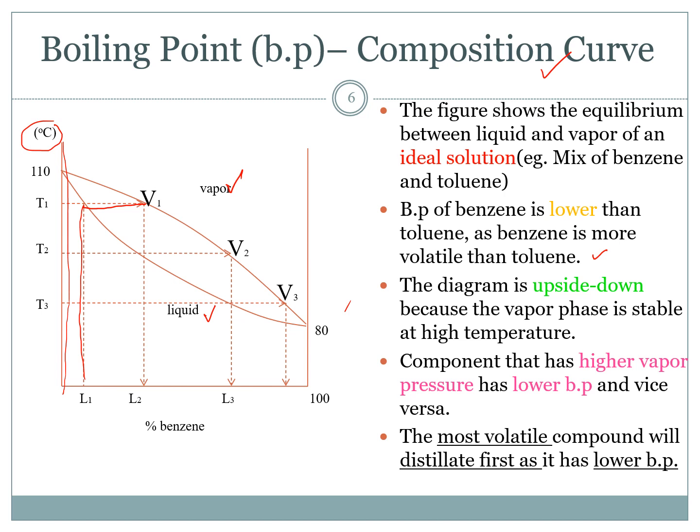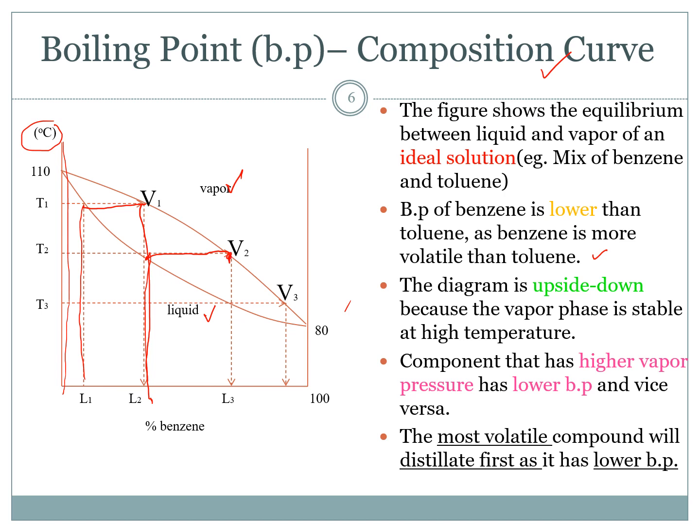So vapor at V1 will condense to give a liquid of composition L2. This liquid of L2 will in turn boil at lower temperature T2 and give out a vapor composition at V2.